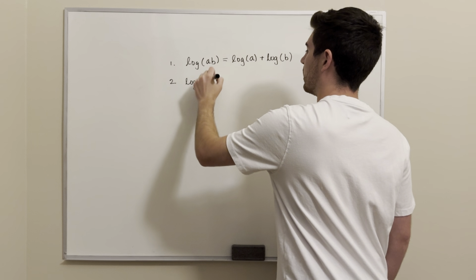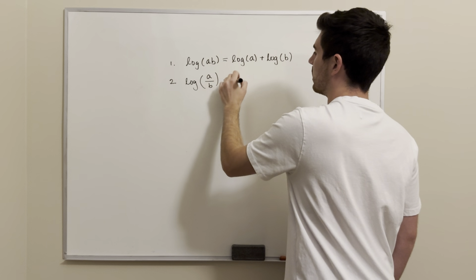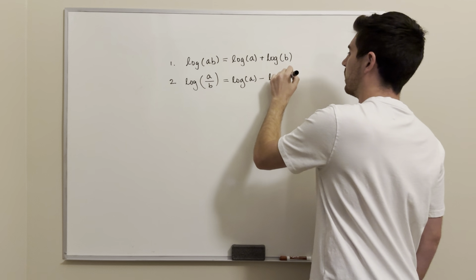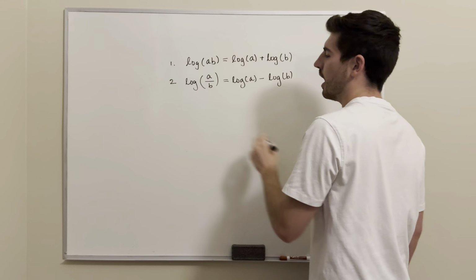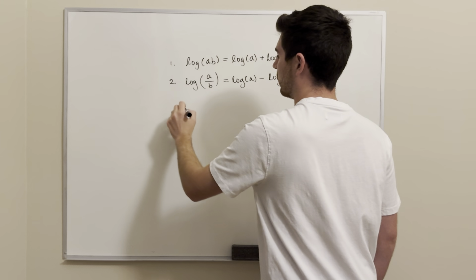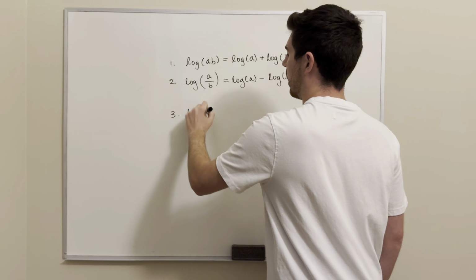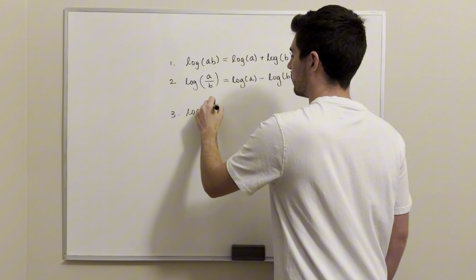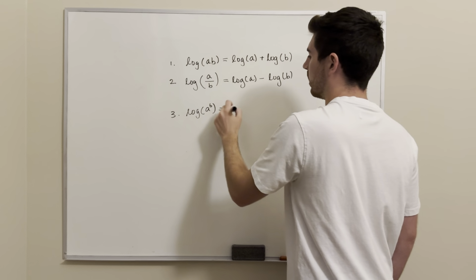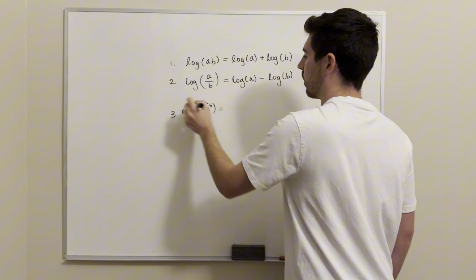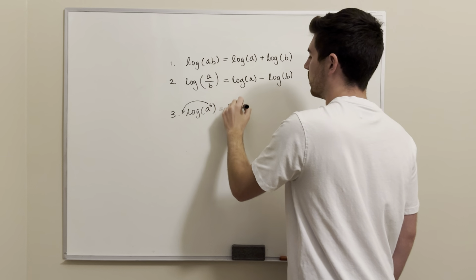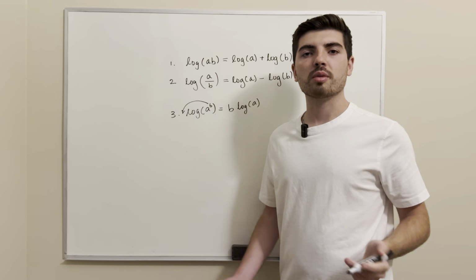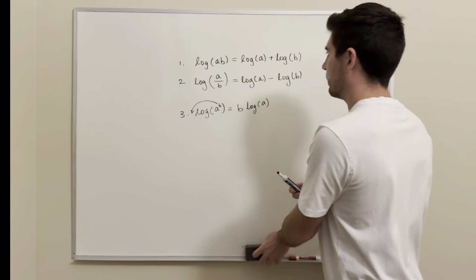Log of a divided by b is equal to log of a minus log of b. And finally, we have an exponent rule, which says that if you have log of a to the b power, then you move the exponent in front of the log and get b times log of a. These are the three main rules of logarithms.